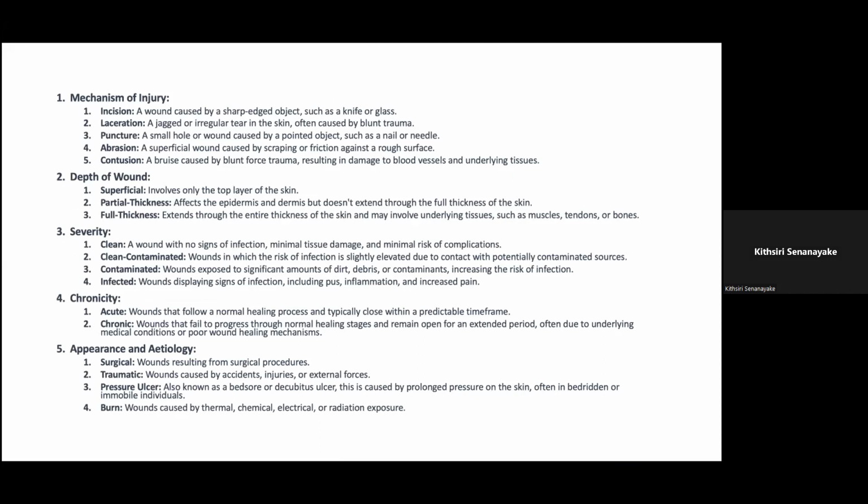Basically, we can classify according to the mechanism of injury, the depth of the wound, especially when talking about burns, the contamination, clean or contaminated, or the chronicity, or according to the etiology.